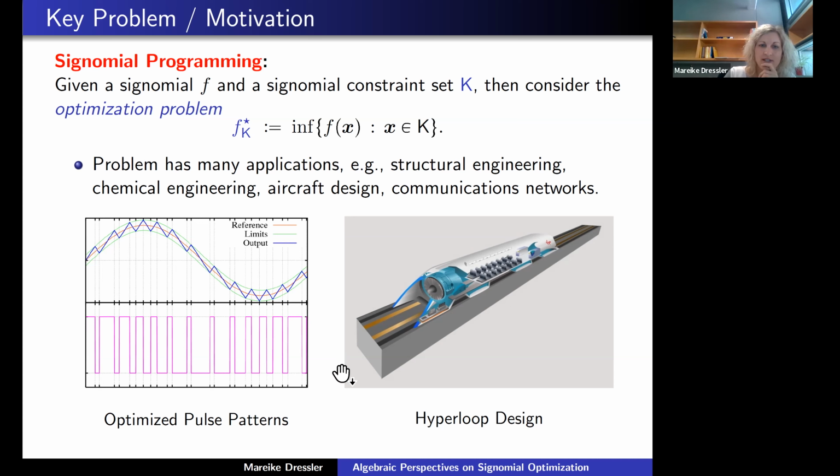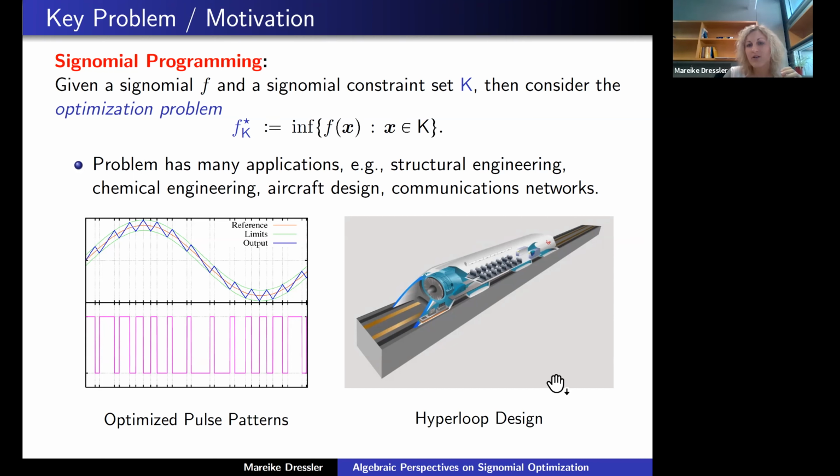For instance, I brought an example of an optimal pulse pattern problem, where Signomial programming, and especially the tools I present today, was used to compute a global bound for such an optimized pulse pattern problem. Optimized pulse patterns are gaining increasing popularity in the power electronics community over the well-studied pulse width modulation due to their inherent ability to provide the switching instances that optimize current harmonic distortion.